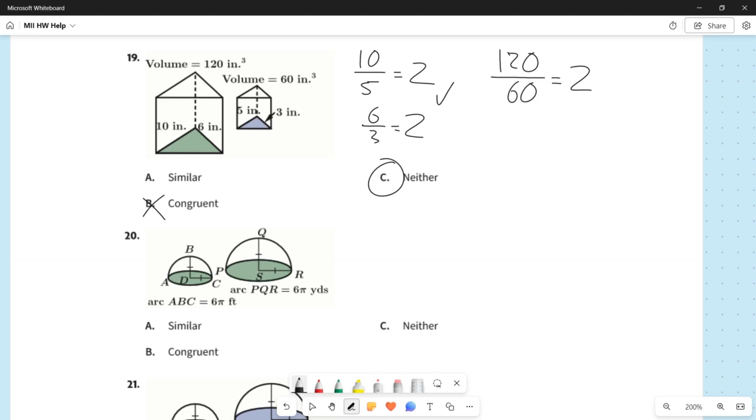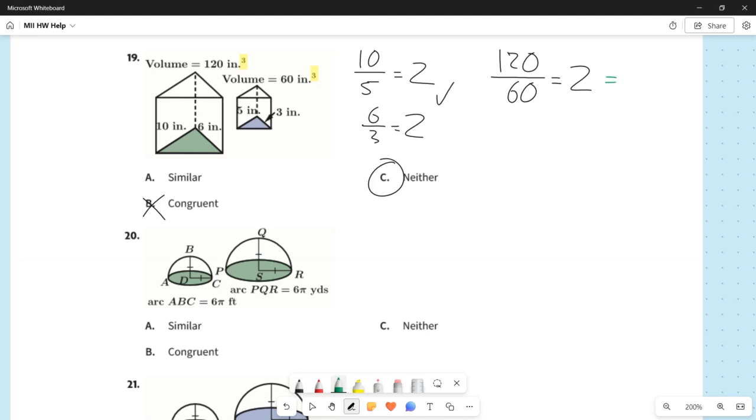We don't want to get 2 in this case, and the reason is because we're talking about volume. Volume is a 3-dimensional unit of measurement. So the 10 and the 6 and the 5 and the 3, those are all one dimension because they're side lengths. Volume is a 3-dimensional unit of measurement, which means we don't want 2.